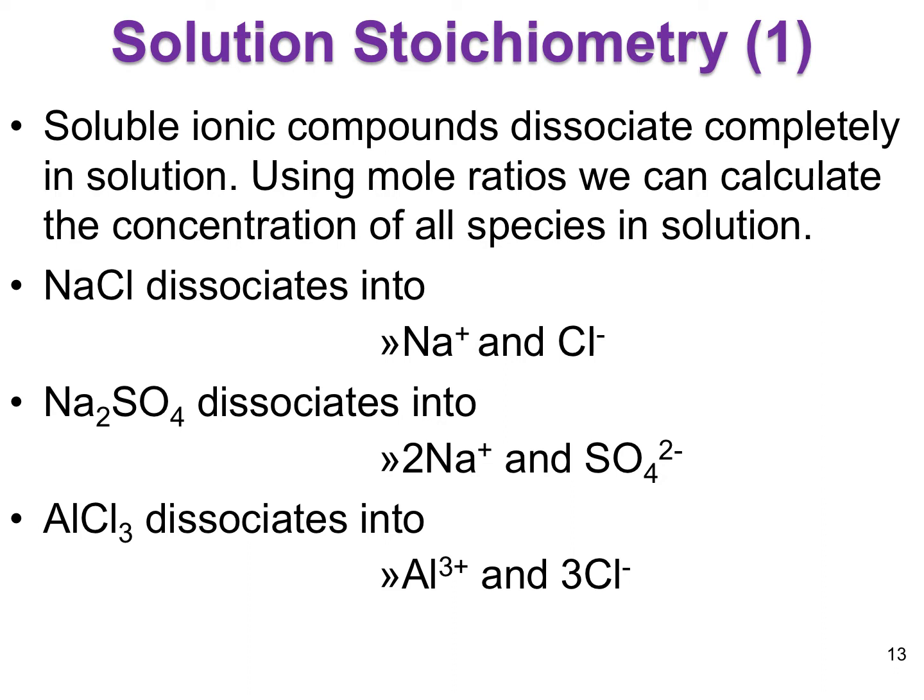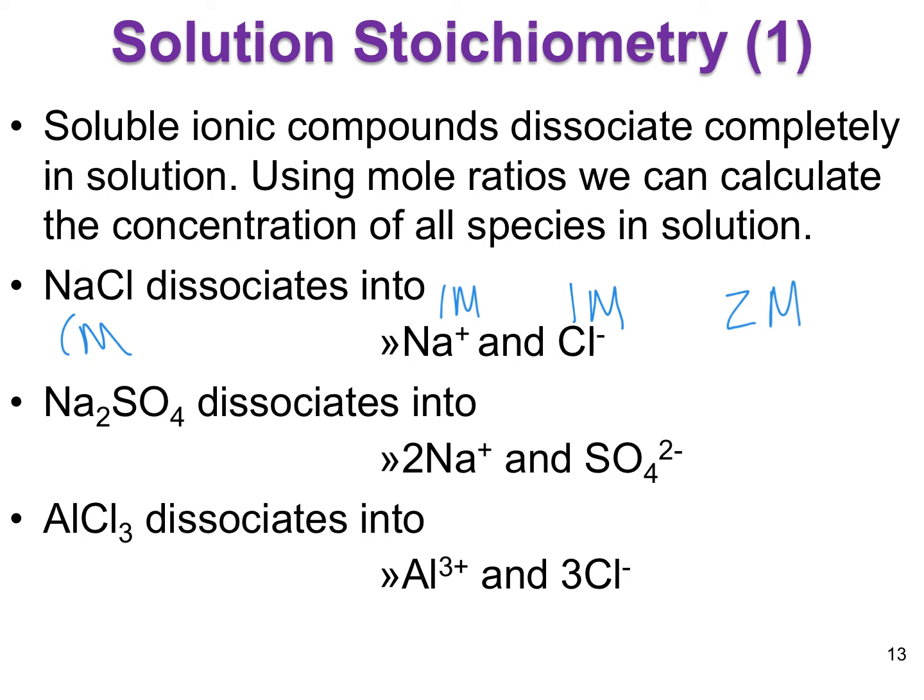This means that a 1 molar solution of sodium chloride produces 1 molar sodium cations and 1 molar chloride anions in the solution for a total of 2 molar ions.